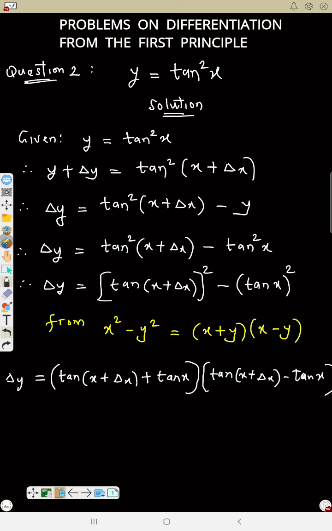So this is tan x. So with the difference of two squares, we got this.